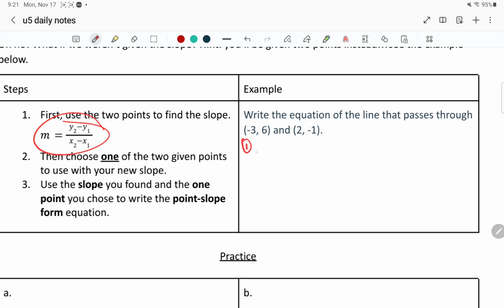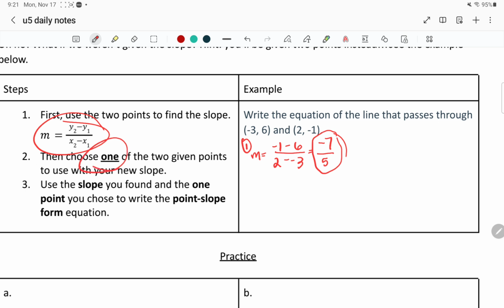So the slope formula is -1, excuse me, -6 over, I started with -1, so I have to start with 2, minus -3, and that is -7 over 5, and that's great. That cannot be simplified. You can triple check in your calculator though. So that's my slope now.